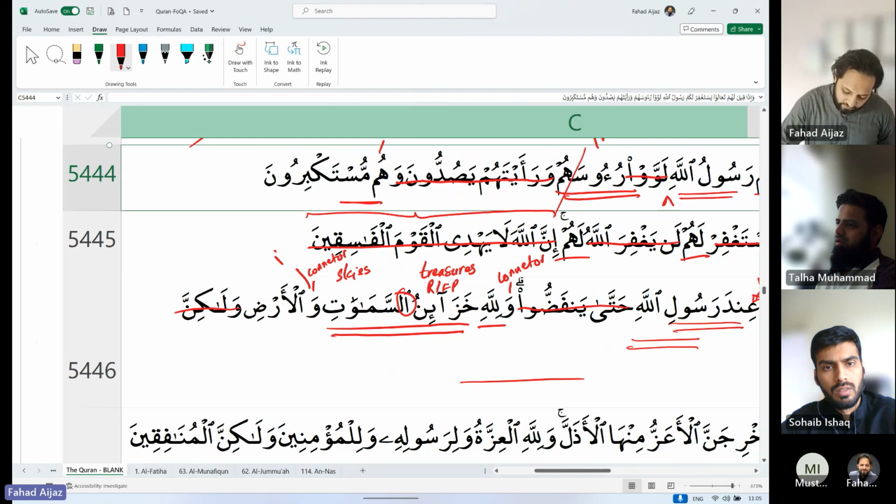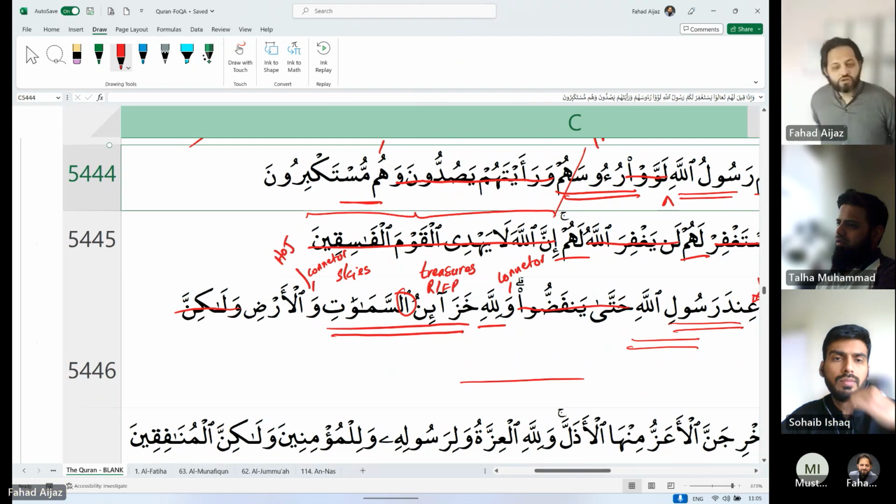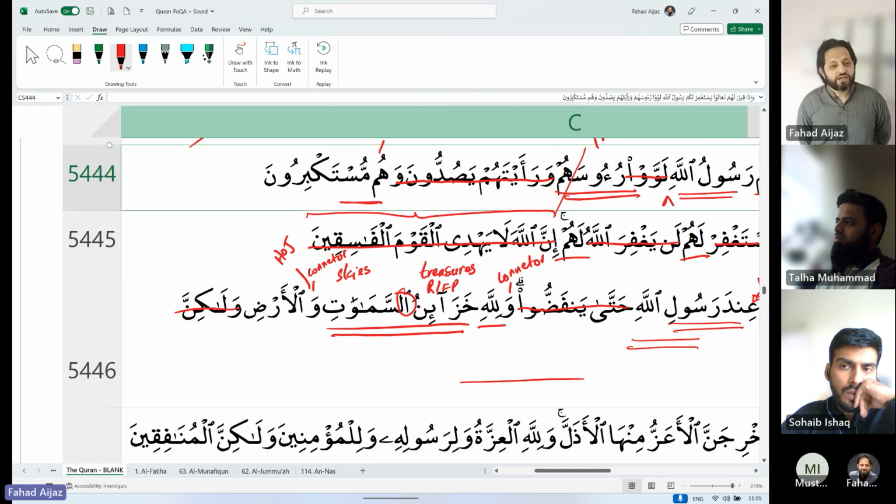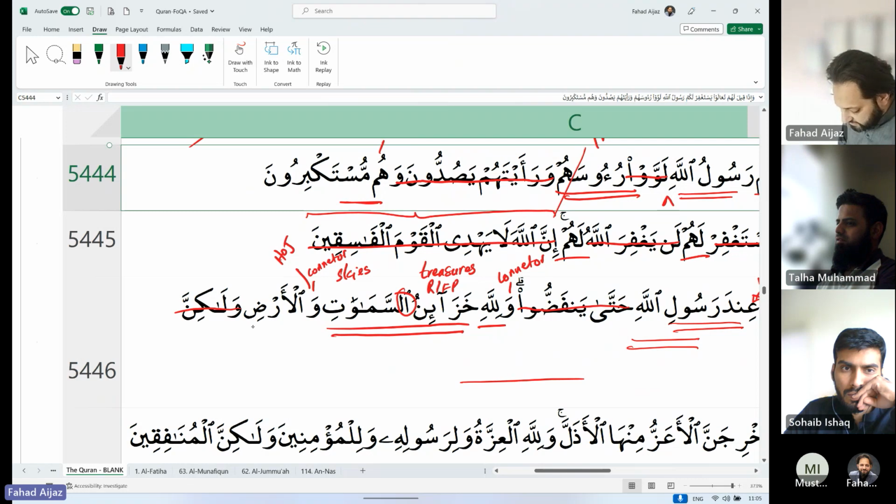So we have two options, right? Now what will tell us what it is? That's the ism, that's what you need to understand now. The ism next to it is in a jar state. Which one? Al-ardi. Yes, that's what I'm saying. So we have a vow, and now al-ardi is in jar state. So my question is, is this vow a harf of jar vow or is it a connector vow? That's my question that I need to answer, right?